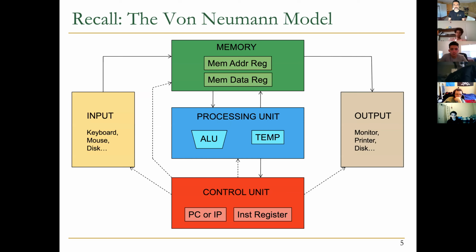Hopefully you remember the von Neumann model: processing unit, memory, control unit, input output. Now that you have seen some assembly programs, you see how these are coordinated when you write a program, right? So when you use a specific instruction, how things will get executed on this model.